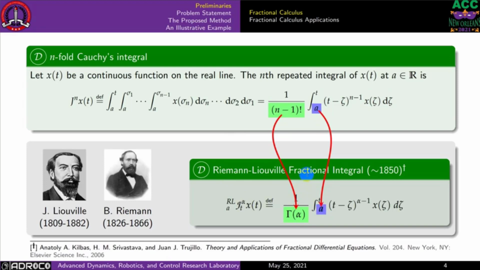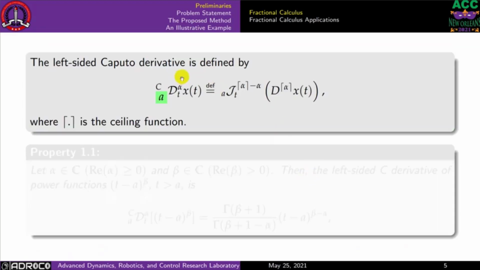The left-sided Caputo derivative is known as the most known fractional derivative operator, and it is defined by pre-multiplying the integer derivative by a fractional order integral.